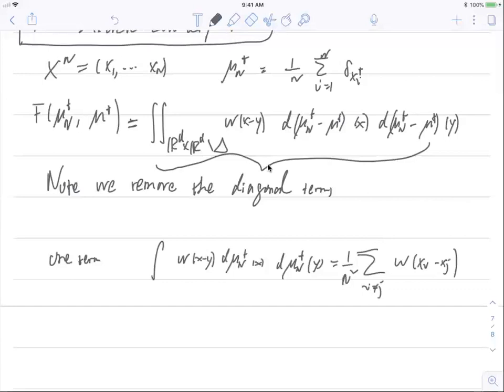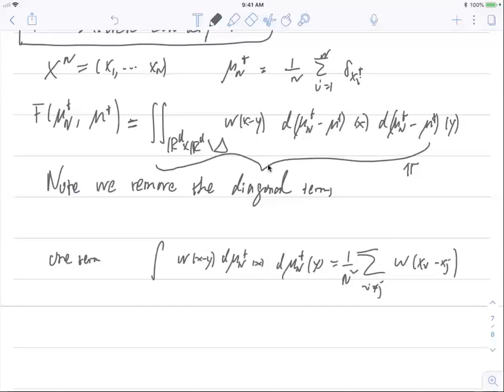But the problem is, if you remove the diagonal, this quantity is not necessarily positive. It can even be negative. But that's not a problem. This type of thing is probably called asymptotically positive, right?